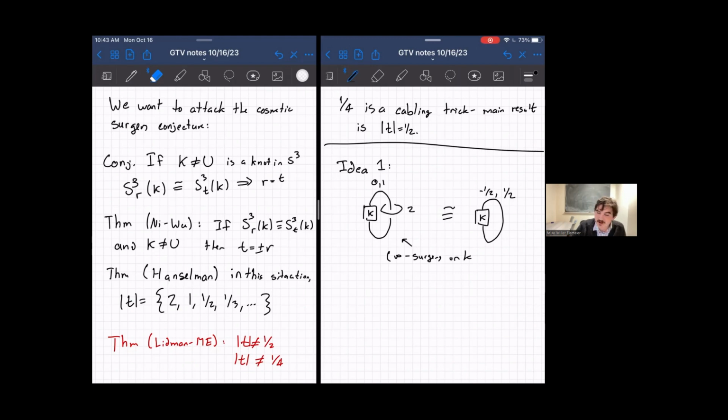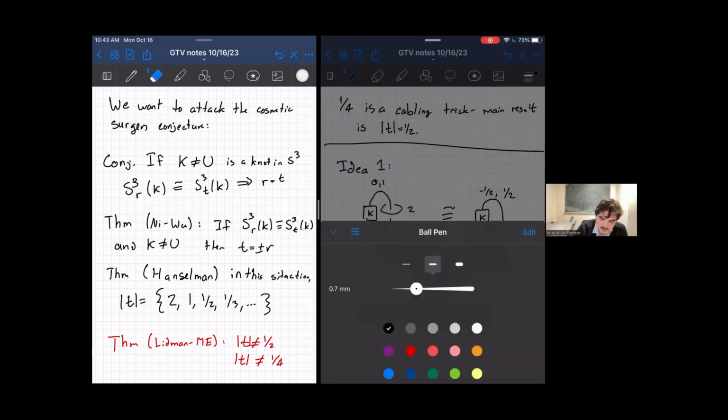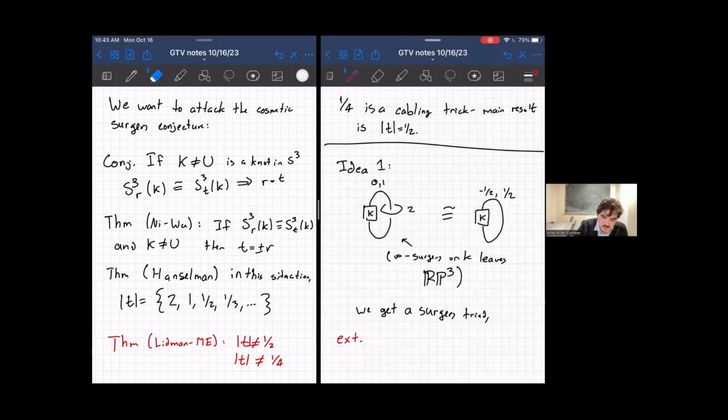If I took infinity surgery on K on the left, I'm left with just 2 surgery on that unknot. In other words, I'm just left with RP3. So what I have is a surgery triad, and our first job is to show that there's still a notion of instanton Floer homology exact triangle in this setup.